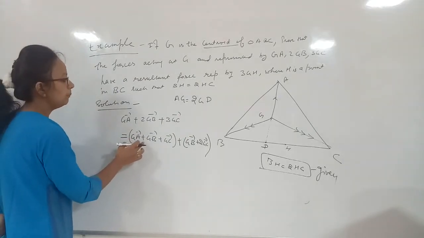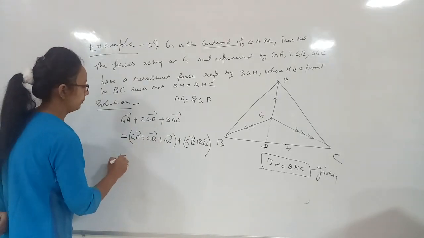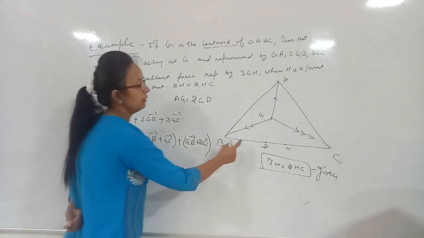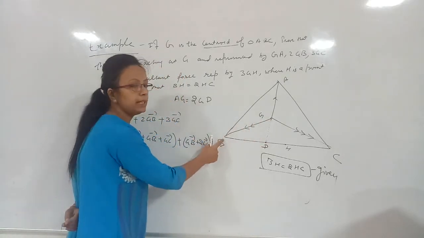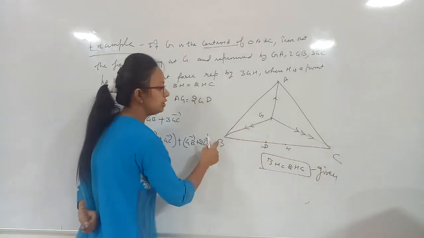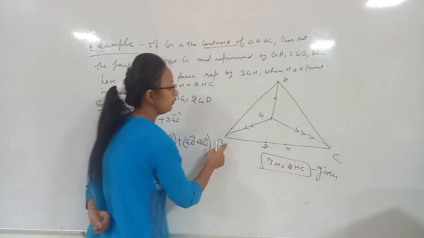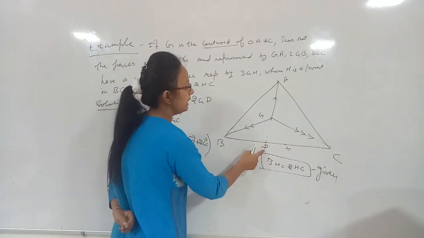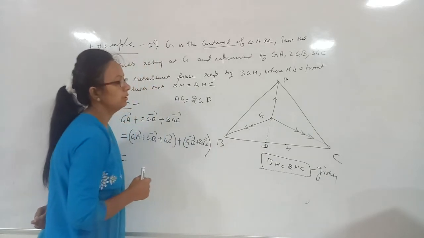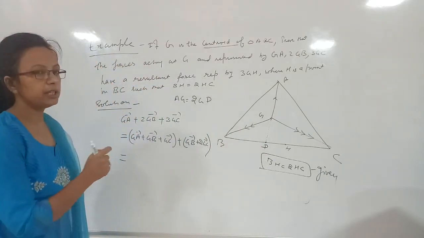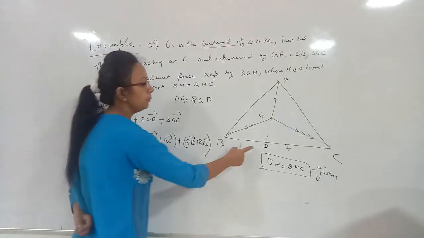Now it is GA plus GB plus GC. Come to this triangle GBC. Now here D is the middle point of BC because G is the centroid.